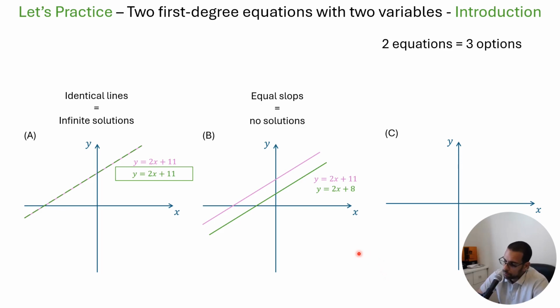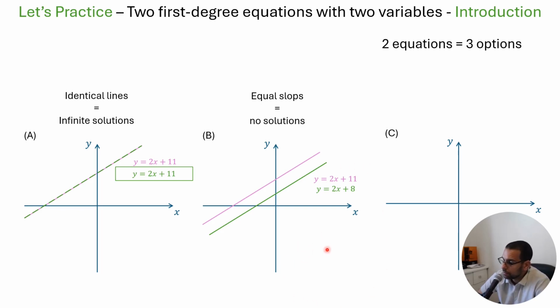And we have another option. Our two lines are not identical, but they have the same slope, meaning that those lines are parallel. And as you know from geometry, two parallel lines will never meet, meaning that they're not going to have any solutions.